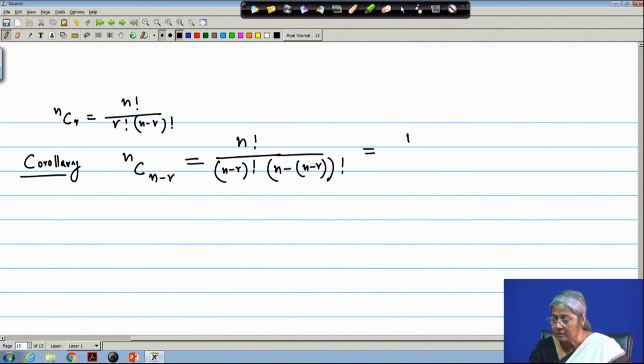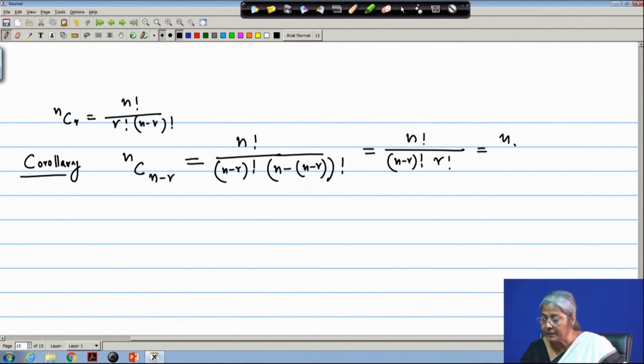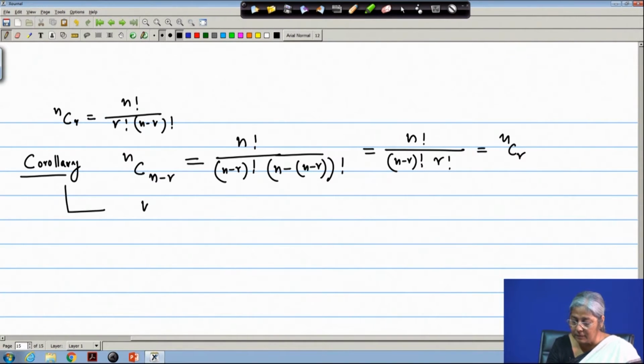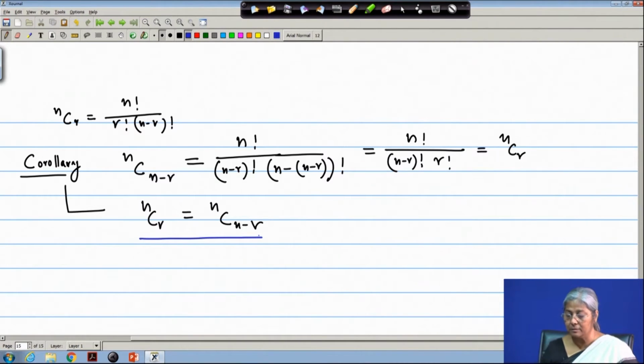This becomes n factorial over n minus r factorial into r factorial, so this is equal to NCR. So, the corollary is that NCR is NC n minus r. I can give this also.